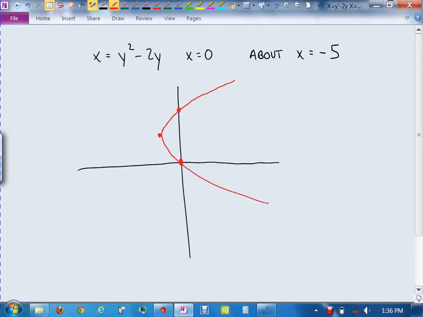Do y'all see that? I just took it and flipped it over. And now I have x equals 0 again. And I want to rotate it around x equals negative 5.